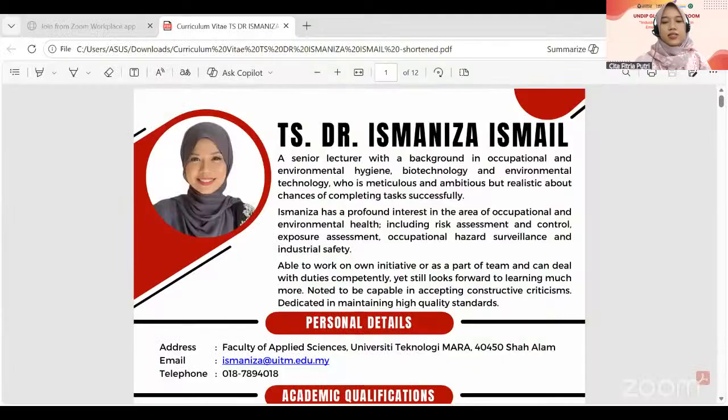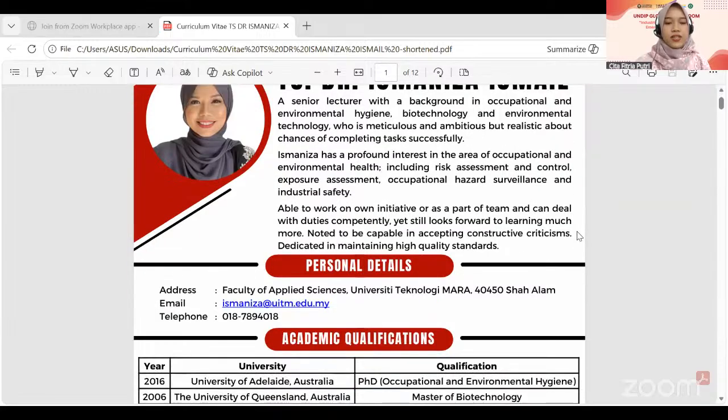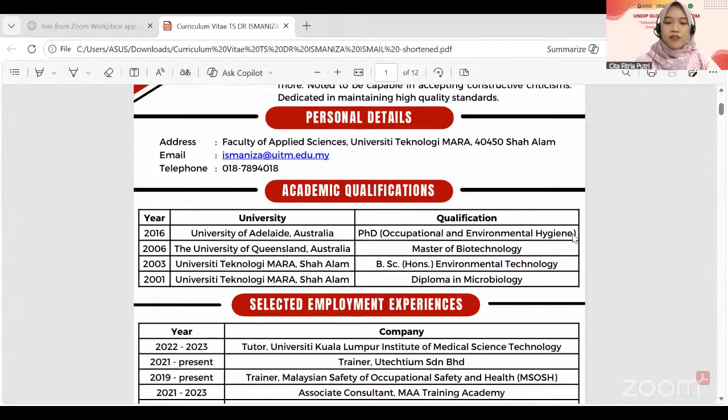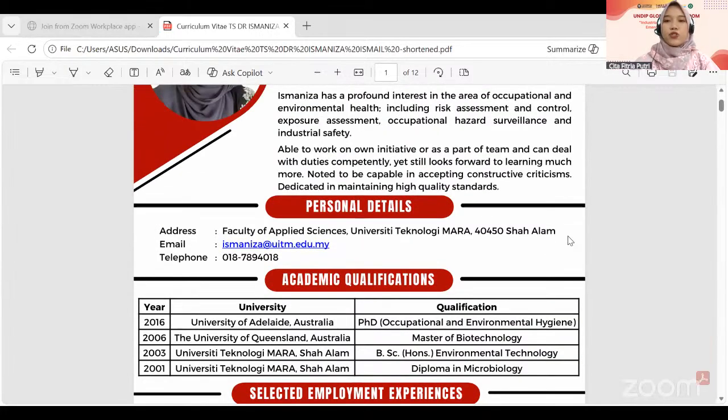Okay, as you can see on the screen, Dr. Ismaniza Ismail is a senior lecturer at Universiti Teknologi MARA, UiTM Malaysia, with extensive expertise in occupational and environmental hygiene, industrial safety, risk assessment, exposure monitoring, and hazard control.